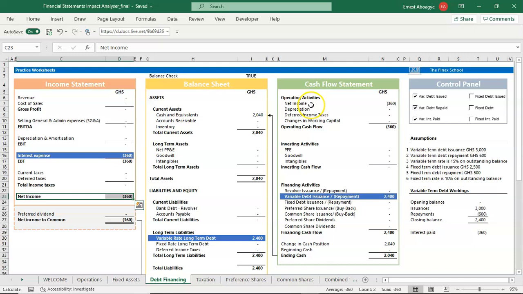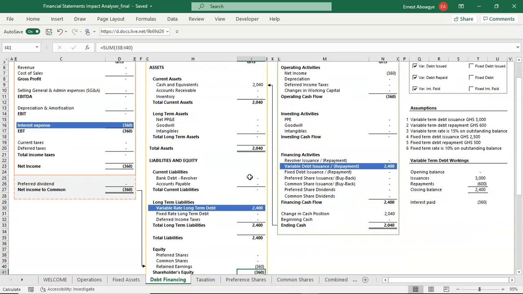So our cash element of the 2,400 has further been reduced by this 360 because we have paid the interest element on it. So we have a cash balance of 2040, and that feeds here as 2040, and the balance of the total asset being 2040.